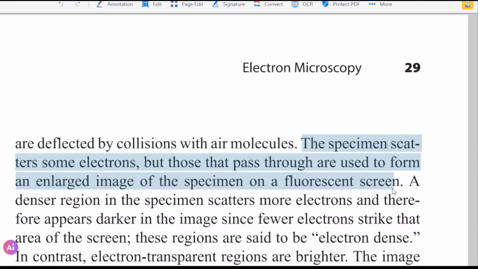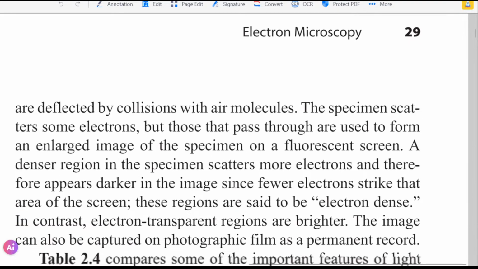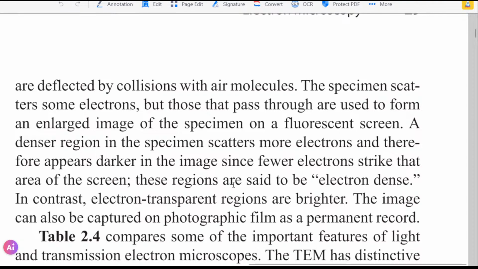So they are saying the ones that pass through the specimen are used to create the image because they have higher energy, and that's why they are able to penetrate right into the specimen. The specimen doesn't have a nucleus or something in the middle of it that bounces them back, right?